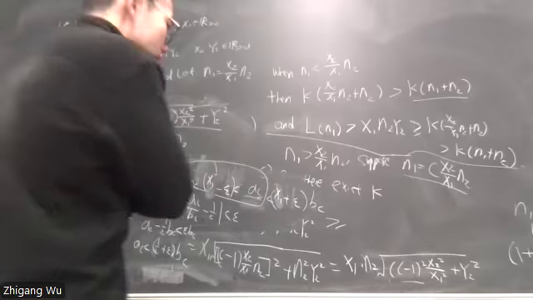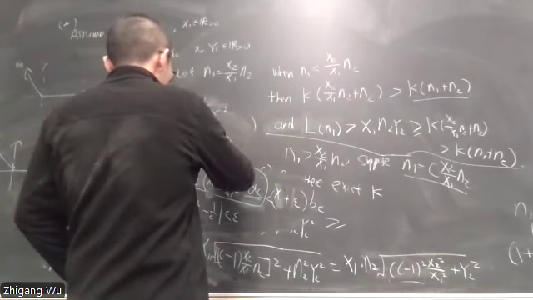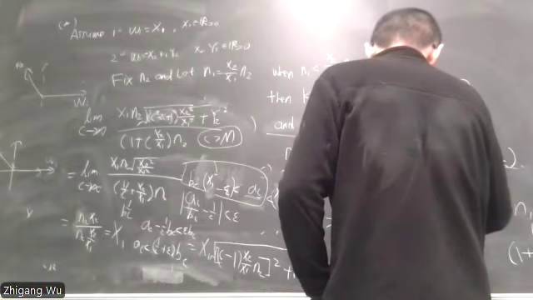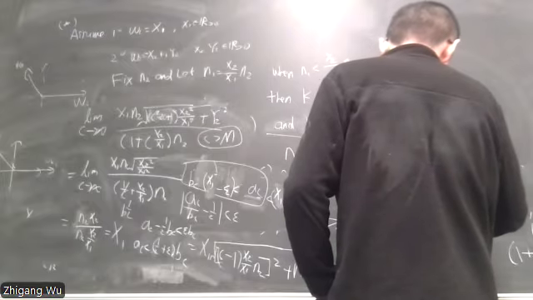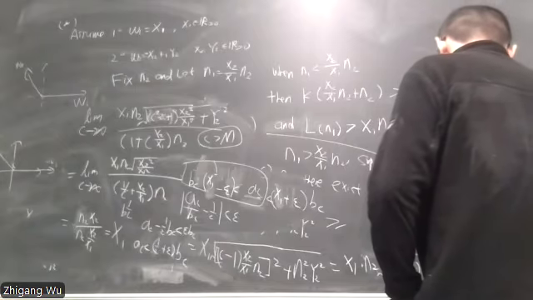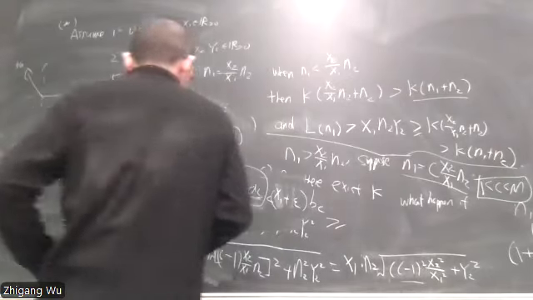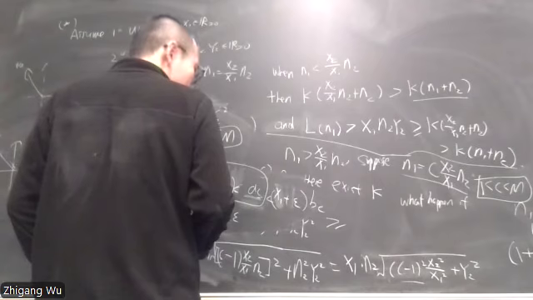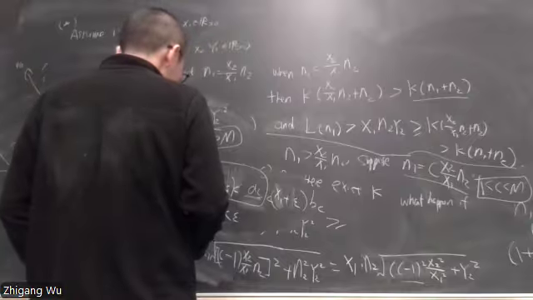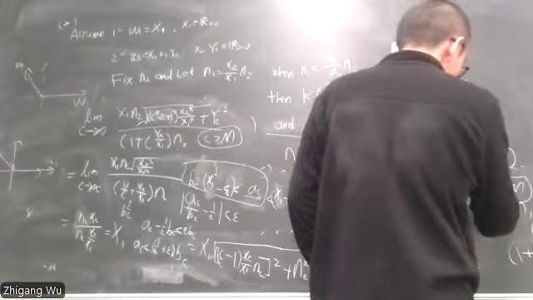Okay. So now let's say that this upper bound is called M. So this is true for C larger than M. So what happens if C is between 1 and M?